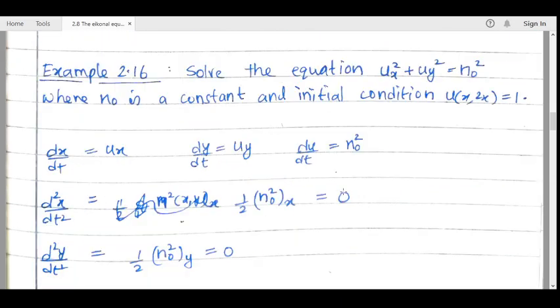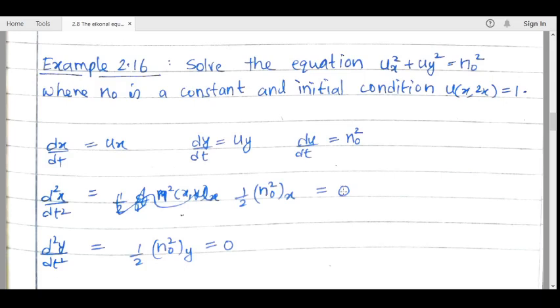So question number 1, that is example 2.16. Solve the equation u_x square plus u_y square equal to n naught square, where n naught is a constant, and the initial condition is u of x comma 2x equal to 1. Here you can see that the RHS of the Eikonal equation is a constant.